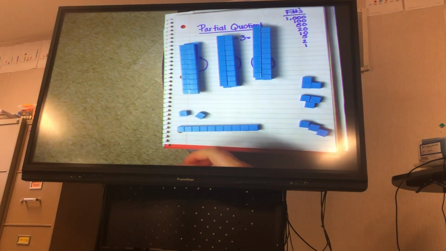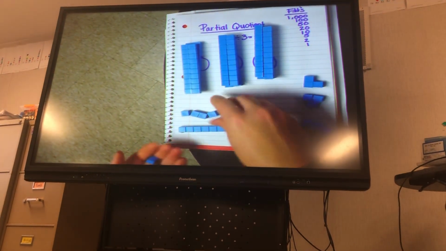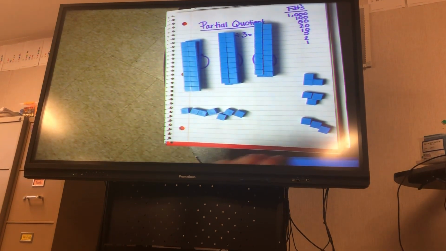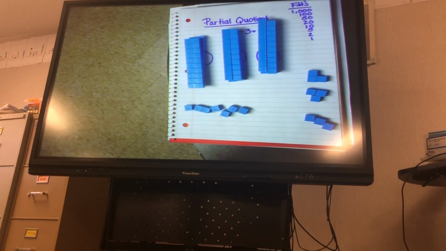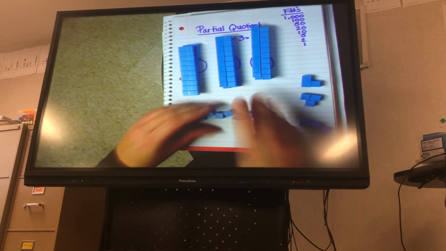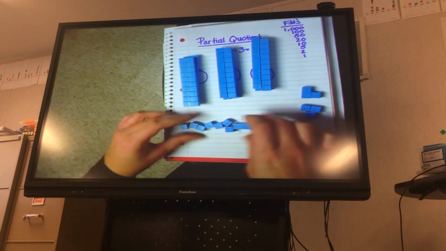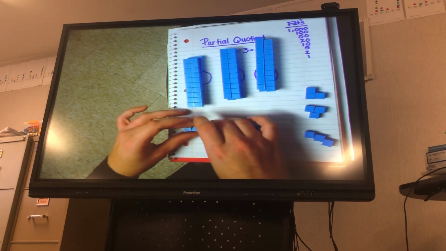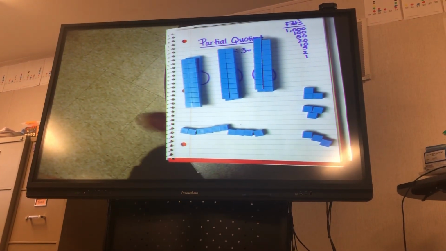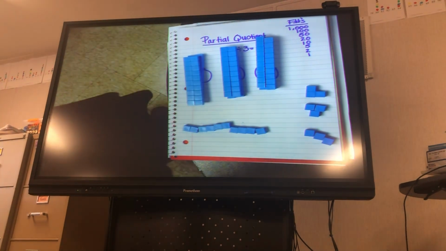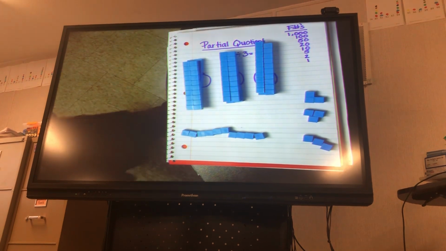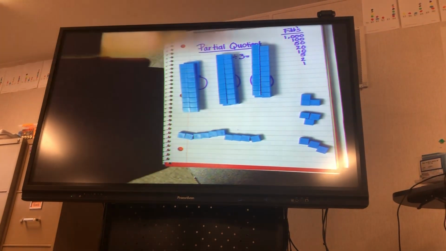Okay, 1, 2, 3, 4, 5, 6, 7, 8, 9, and 10. So now I have 10 individual pieces plus the 9 pieces I started with. So that's 19. What do you think would be an easy or efficient way to divide these out?